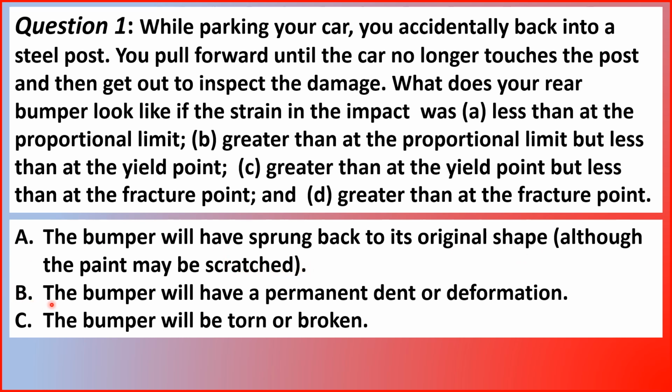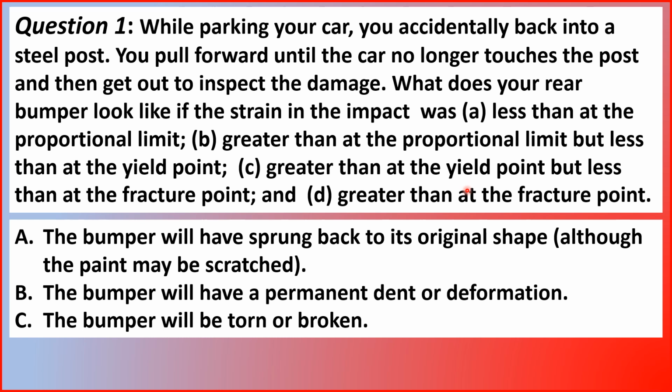Option B, the bumper will have a permanent dent or deformation. Option C, the bumper will be torn or broken. So, what do you think are the answers to each of these four situations?